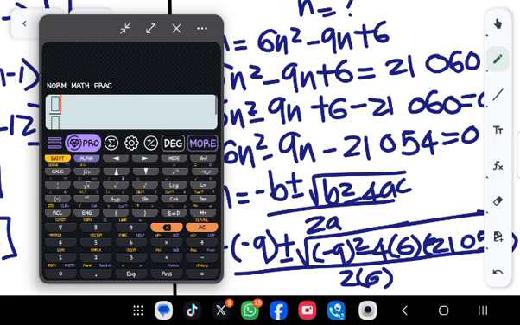So that will be negative 9 plus the square root of open bracket negative 9 close bracket squared minus 4 open bracket 6 close bracket open bracket negative 21,054 close bracket, downward arrow, 2 open bracket 6 close bracket.